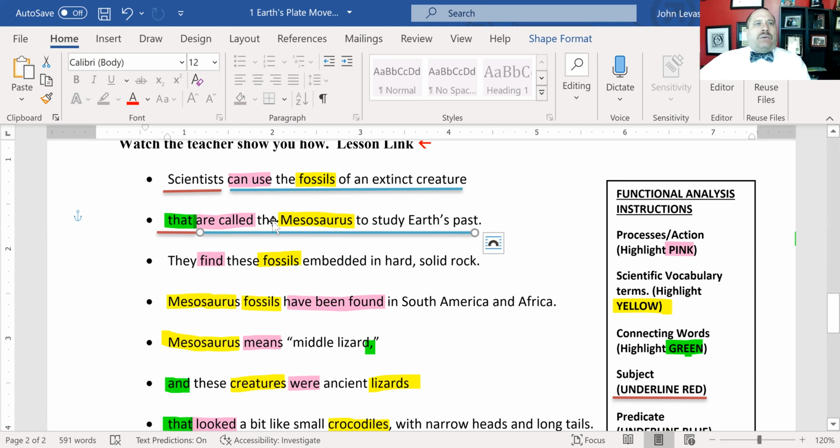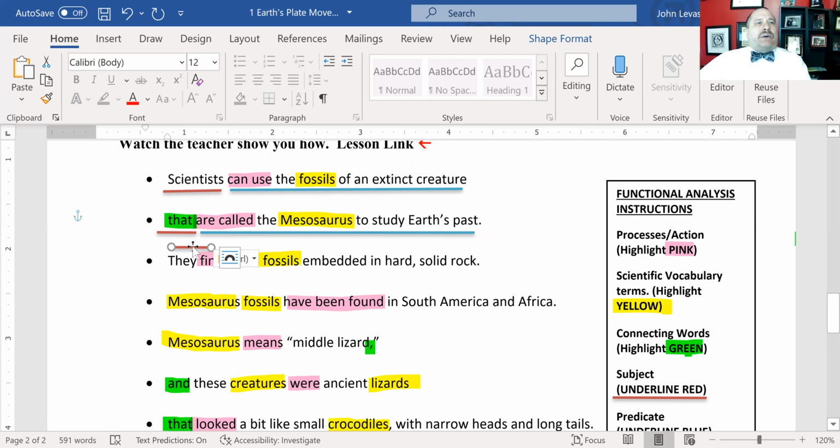What about these extinct creatures? Well, these extinct creatures are called the Mesosaurus to study Earth's past. That sentence doesn't quite make sense, but I did copy and paste it. Maybe I didn't copy and paste it right.